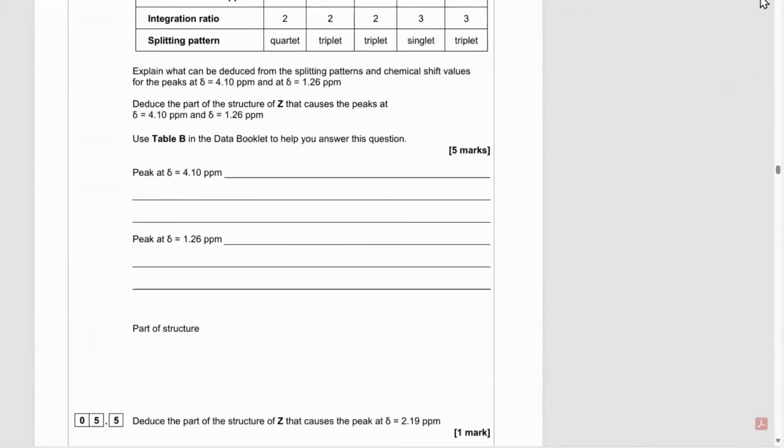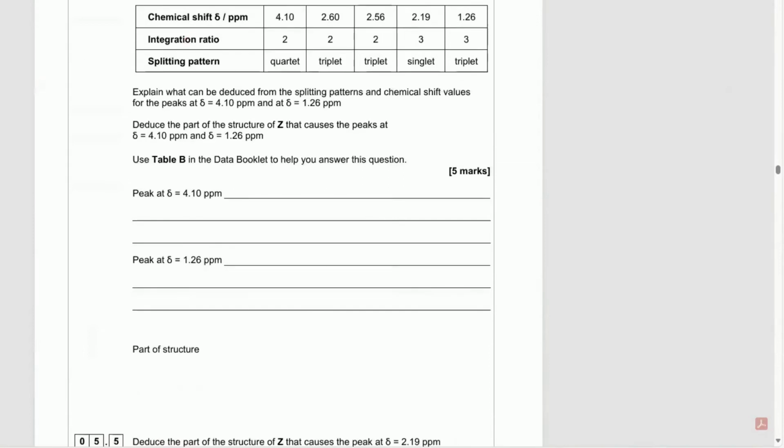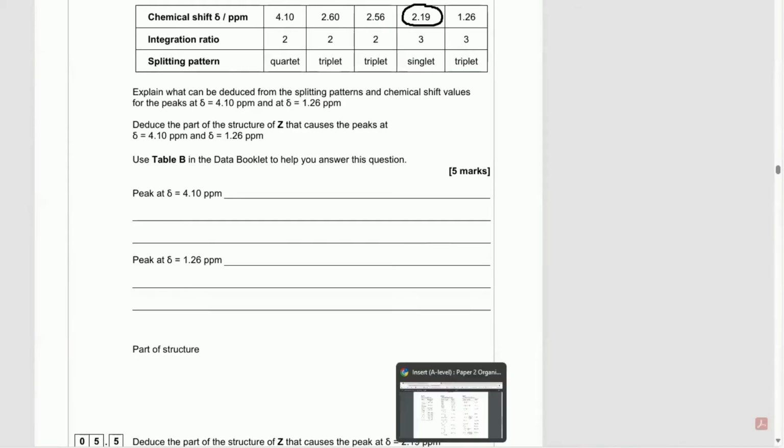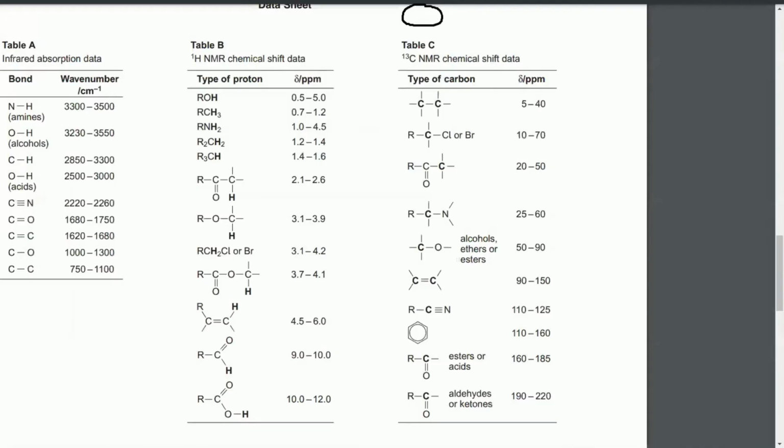If we look at 2.19 and go to our chemical shift table, on the H1 NMR, we find it right here, 2.1 to 2.6. Again, this is the hydrogen telling me there's a carbonyl group there, so that's the hydrogen responsible for this pattern. We're looking at a carbonyl attached.